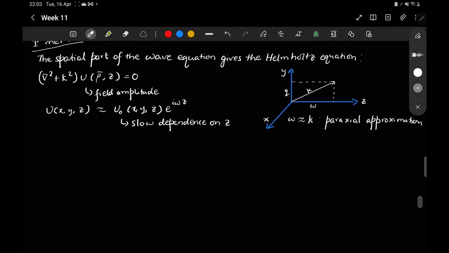Now put this in this Helmholtz equation. So one of the terms, let's first find out the derivatives.